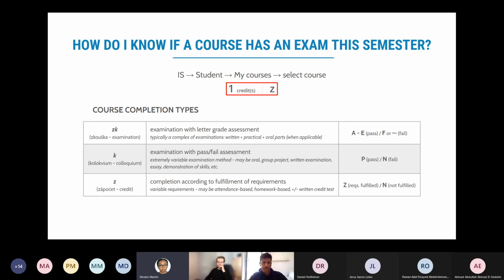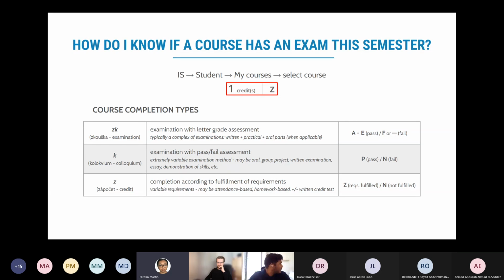So in case you ever have a question, when you look at your courses after you've enrolled for the next semester and you see this new list of courses and you're wondering whether a course has an exam at the end of the semester or not, you can go ahead and select the course, and next to the number of credits that you receive for the course, there should be a 1 or 2 letter designation.